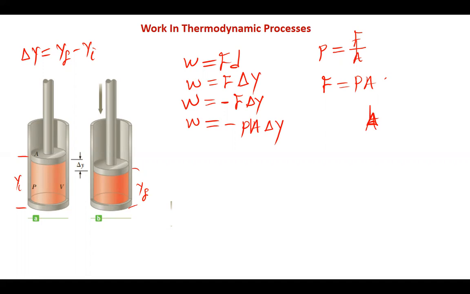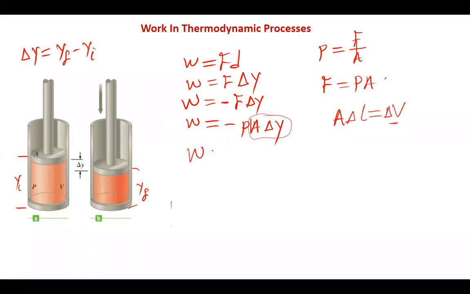But we know that area times any length, or any change in the length, is just the volume. If area times length is equal to volume, then a change there means you're having a change in volume. So this part will just be replaced by the change in volume.